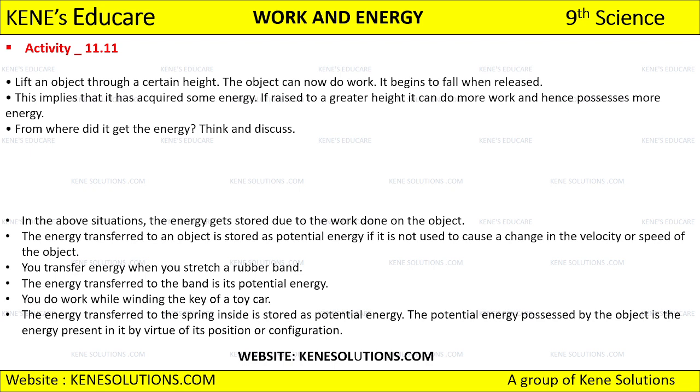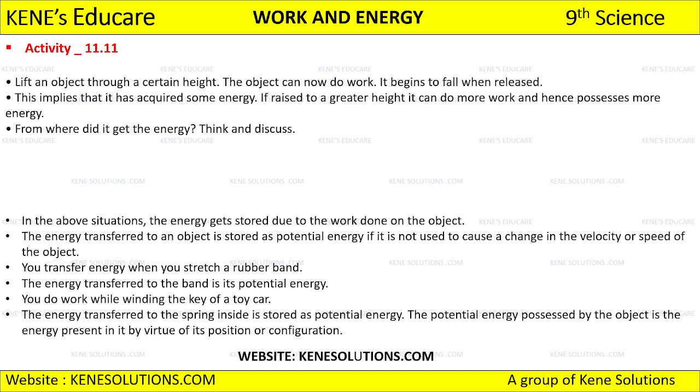So if you are lifting an object and taking it to a certain height and then you make it fall down, in that case it's going to do some work. So this implies that it has acquired some energy, right? It has some energy in it, and if raised to a greater height, it can do more work and hence possess more energy.